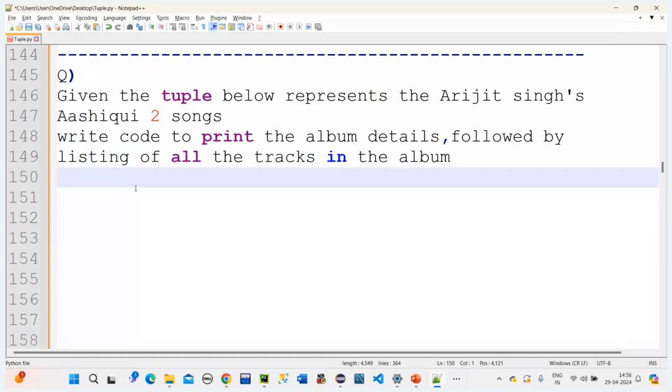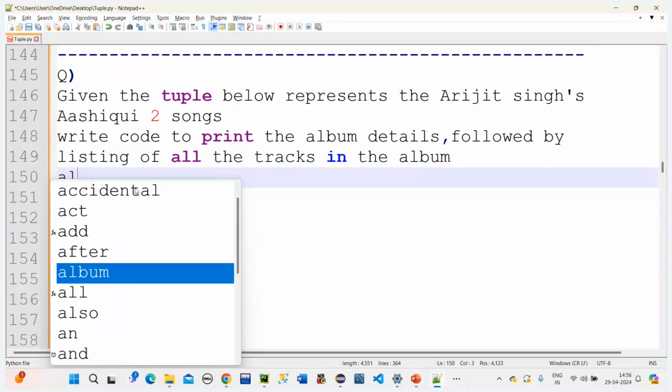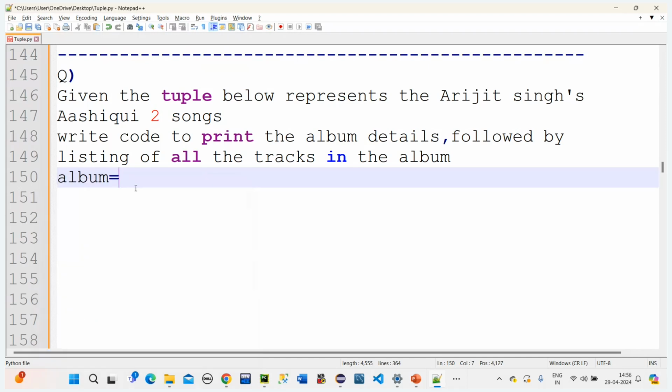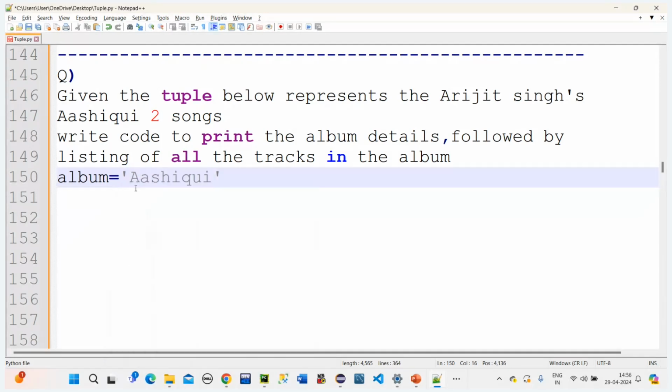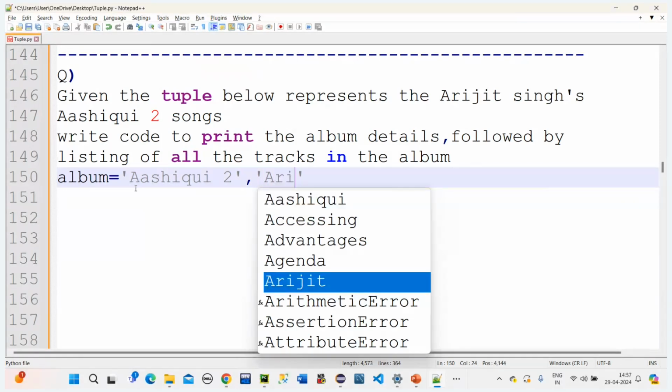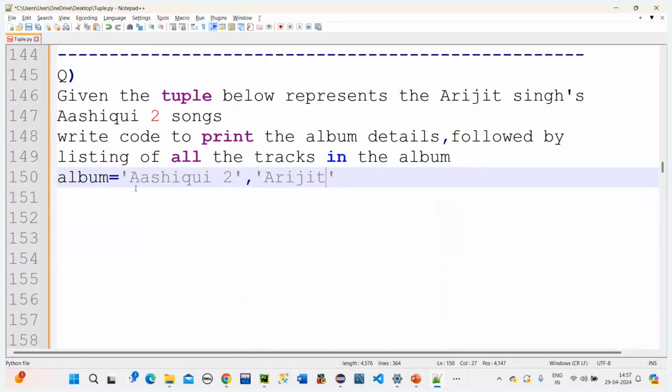Now the album is equal to, in this album we have so many songs. We have Aashiqui 2, comma, Arijit Singh, comma, and in this we are having what?